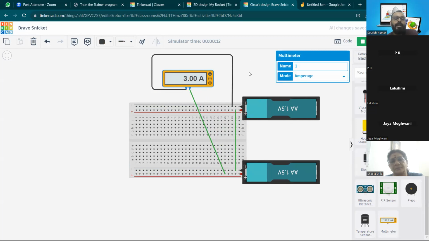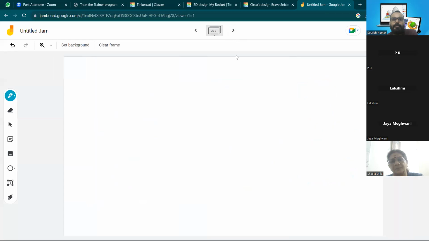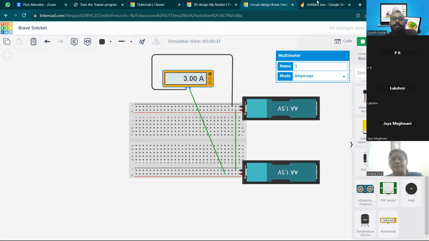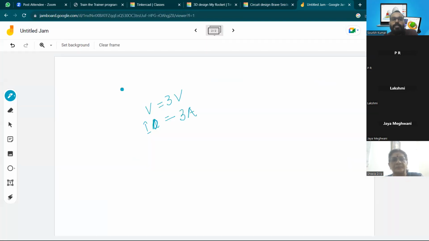Let's connect the battery in parallel connection and see what happens next. So in series, you already saw that we are getting V equal to 3 volt, and the value of I we are getting in here is 3 ampere. Right, in series.